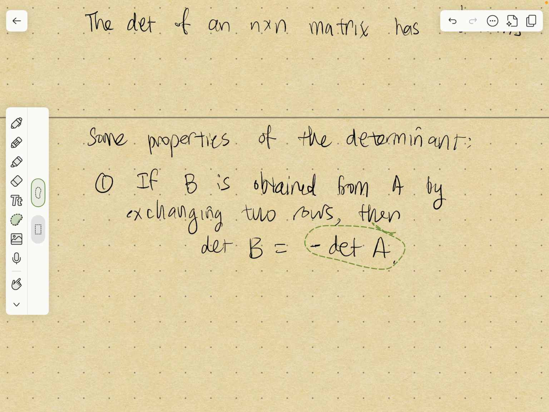That's a common misconception that a lot of students have, because the determinant of A might itself be negative. So if the determinant of A is -10, then minus -10 is going to be +10. So just because something has a negative sign in front of it doesn't mean it's actually negative, right?